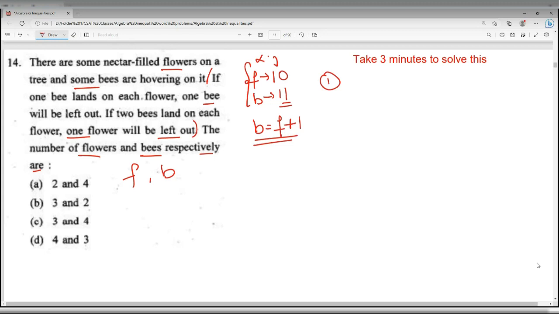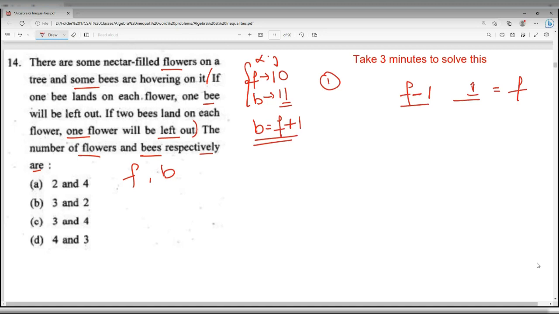If 2 bees land on each flower, one flower will be left out. So if there are F flowers and one flower will be left out, the remaining flowers would be F minus 1. If you add them together, it will be F flowers itself.